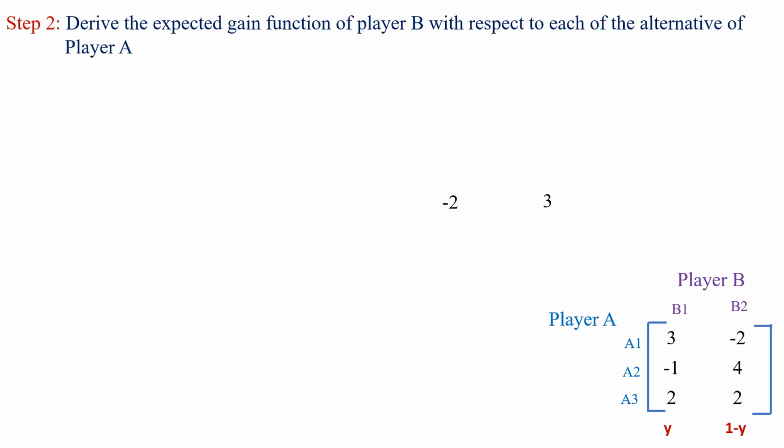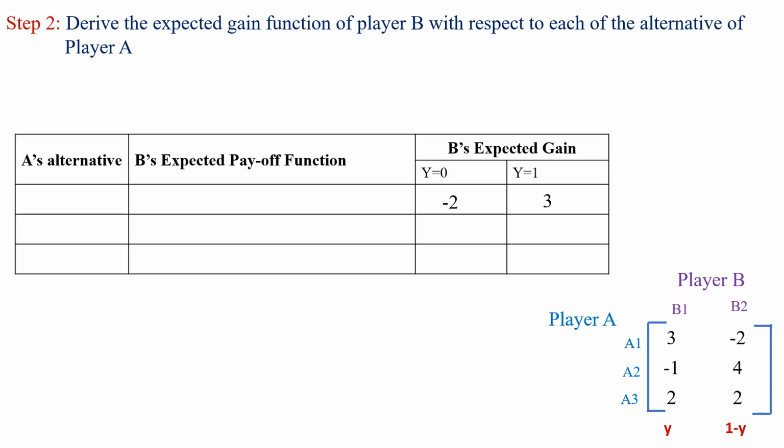The second step is to derive the expected gain function of player B with respect to each of the alternatives of player A. For this, first we have to draw the tabular column, and the first one is A's alternative. Here player A has 3 strategies. First we select the first strategy.